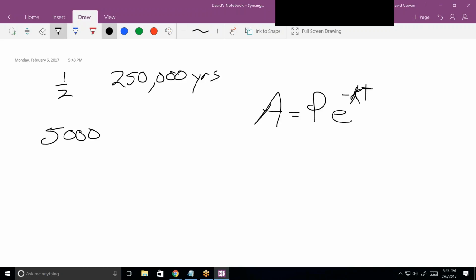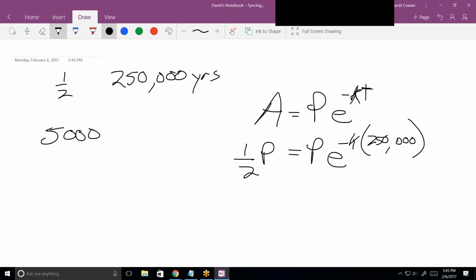Okay? So when you have these half-life problems, that means that I can write the following. I can write 1/2 P on the left equals P e to the minus K times 250,000.